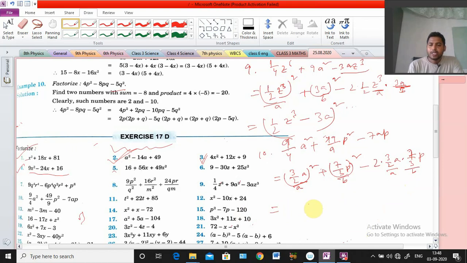So that is the a minus b whole square formula. That means 3 by 2 a minus 7 by 3 p, the whole square. Clear? Clear everyone? So that is the answer. I hope it is clear, everyone.